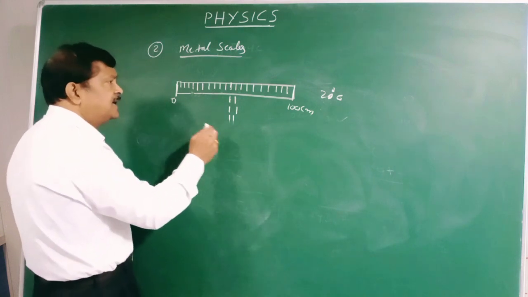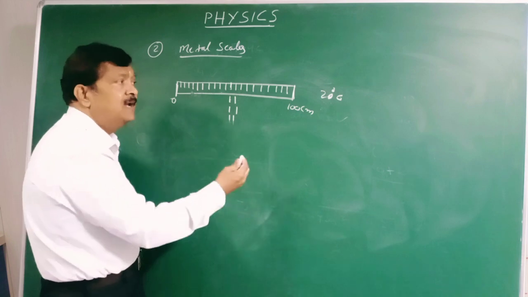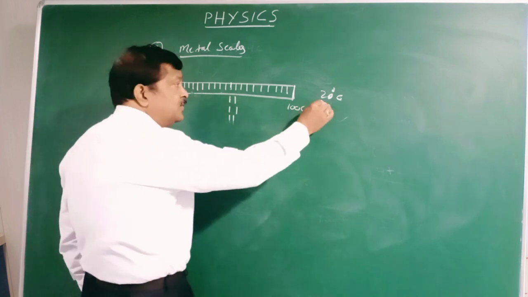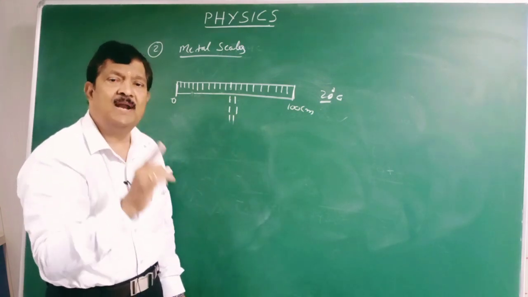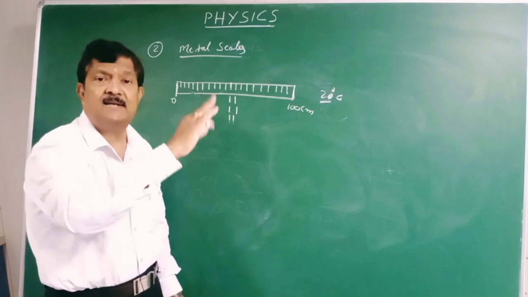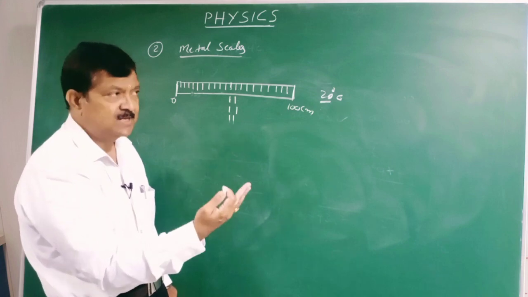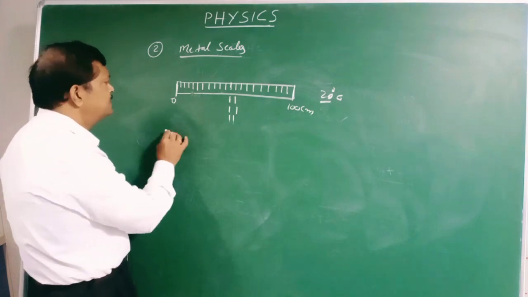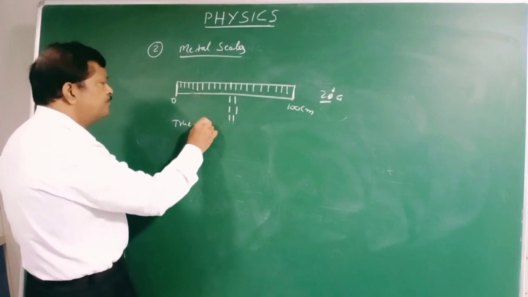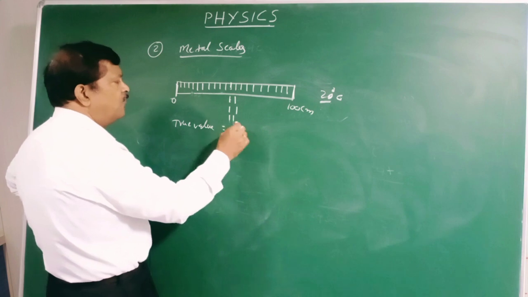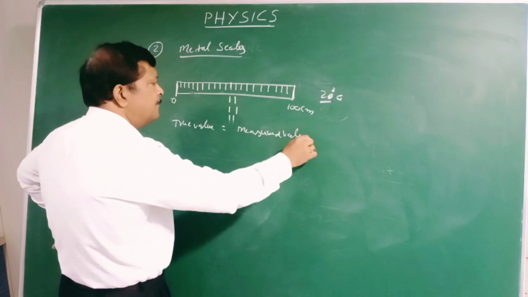So we have to add. Therefore, in such cases, that is when you are using the scale at a higher temperature, higher in the sense more than the temperature at which it gives the correct reading. All metal scales will give the correct reading only at a particular temperature. At all other temperatures, definitely it needs some correction. Then how to go for the correction? Suppose you are measuring at high temperature. At higher temperature, the true value is nothing but the measured value plus expansion.